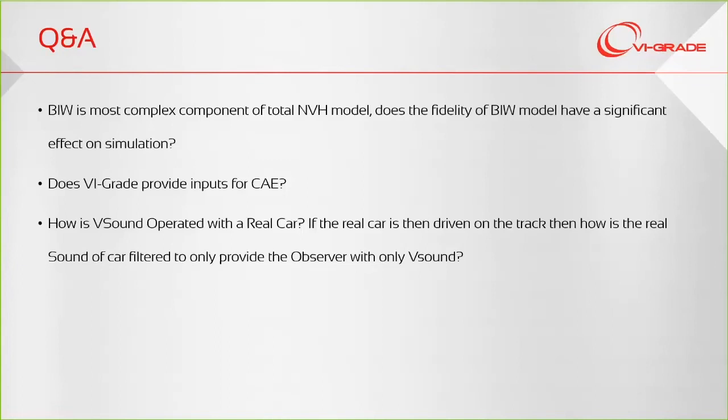How we manage the sound inside the vehicle or outside the vehicle for that matter, there are numerous different playback ways that can be used depending on what's needed. If the car you're using is significantly quieter, and by significant, that's not a lot, that might be 3 dB quieter than the sound you're trying to play back, you don't really have to do anything to suppress the existing sound of the car.